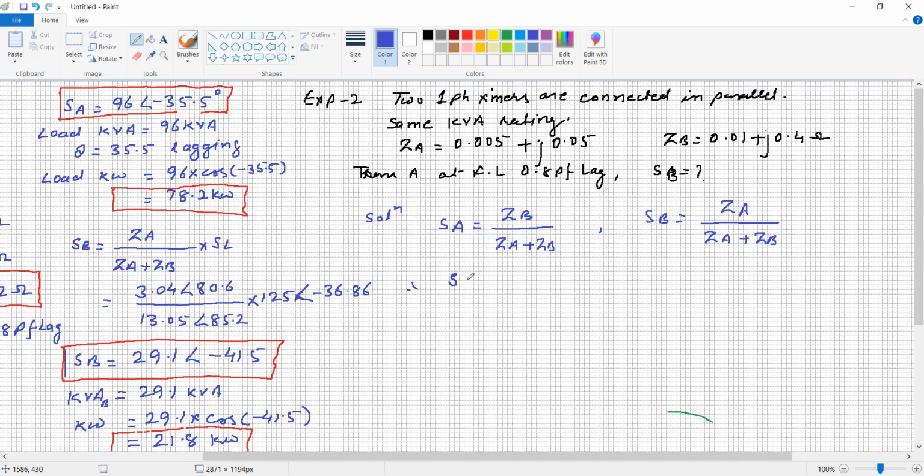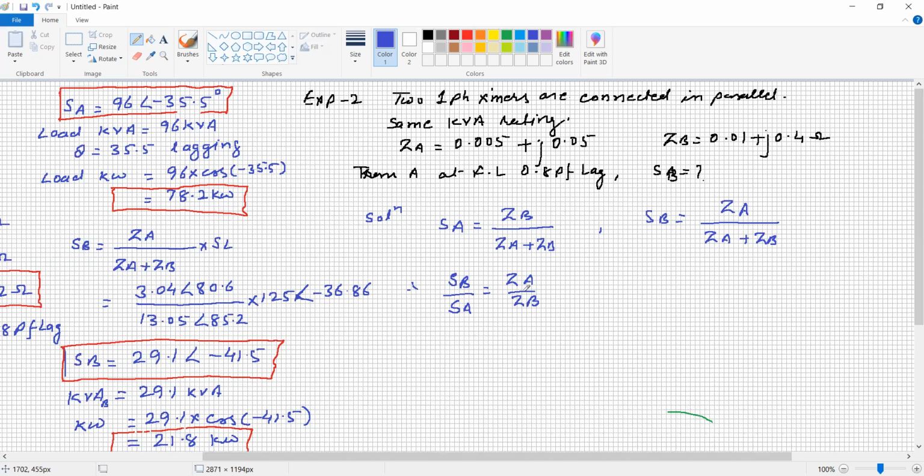Therefore SA upon SB equals ZB upon ZA, or taking the opposite, SB upon SA equals ZA upon ZB, isn't it?